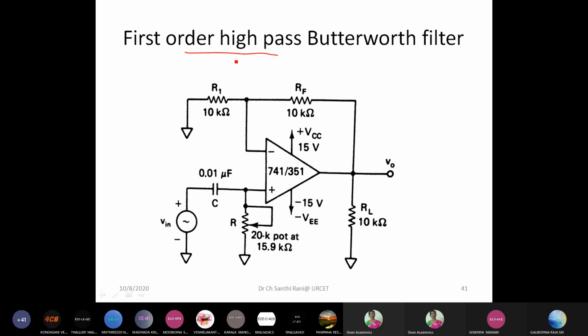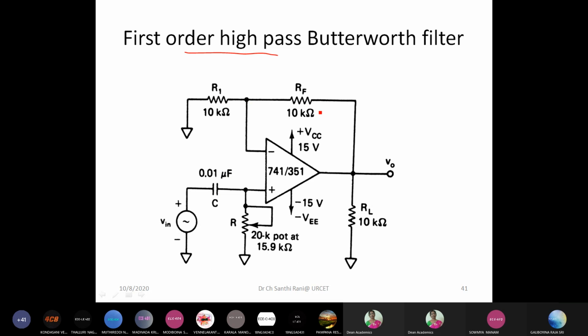Now this filter, the high pass Butterworth filter, is the same as the low pass filter. Just now we have seen all these components are the same. The only thing is, earlier we had the capacitor here and the resistor there. Now the R and C components are exchanged, and that's all.